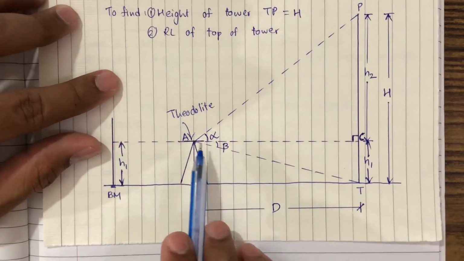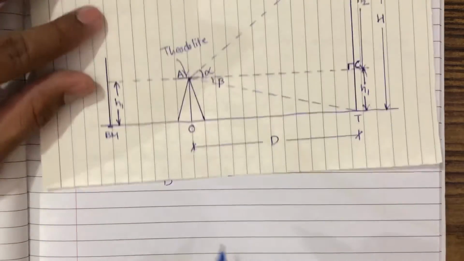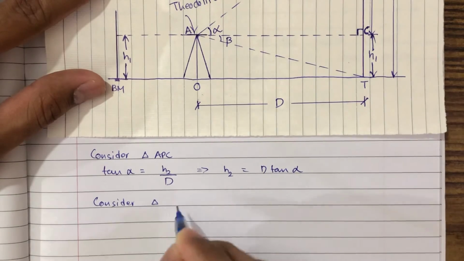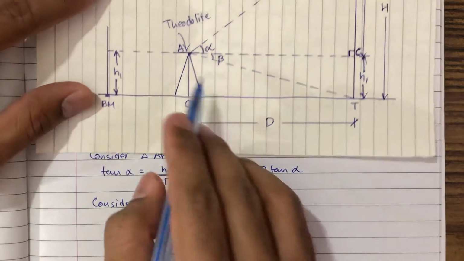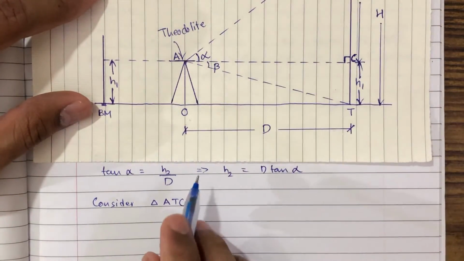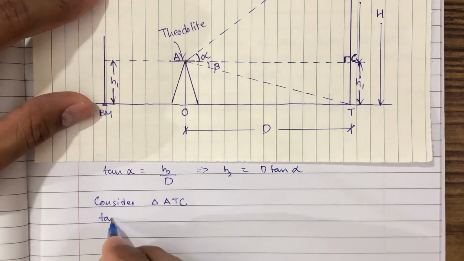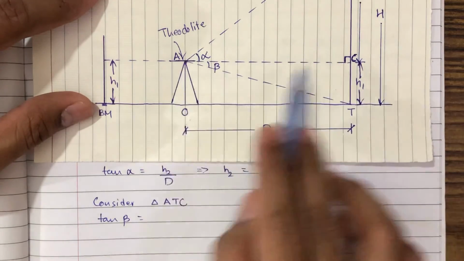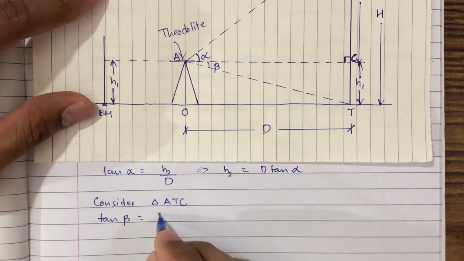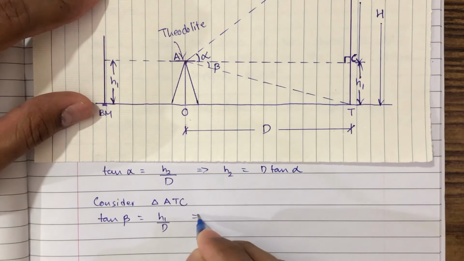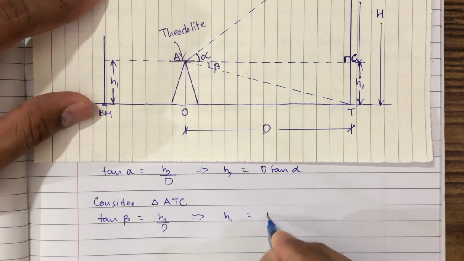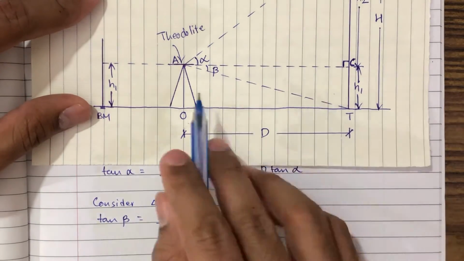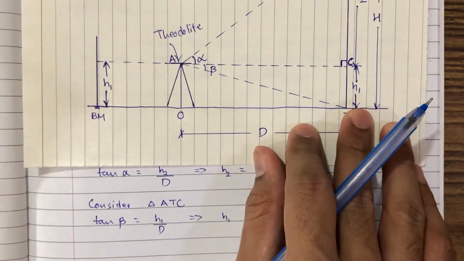Similarly, if we consider triangle ATC, here tan beta will be equal to H1 upon D, again the same distance. So H1 is equal to D tan beta.